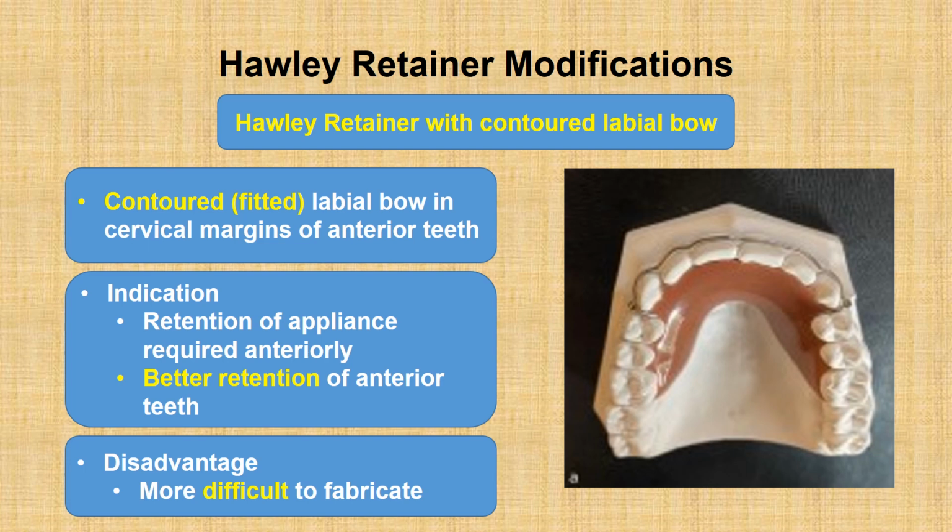Now the indication is if more retention of the appliance is required anteriorly, then this can be obtained using the fitted labial bow, and the retentive function on the anterior teeth is also better compared to the standard Hawley because the wire makes close contact with most of the whole width of the surface of the tooth.